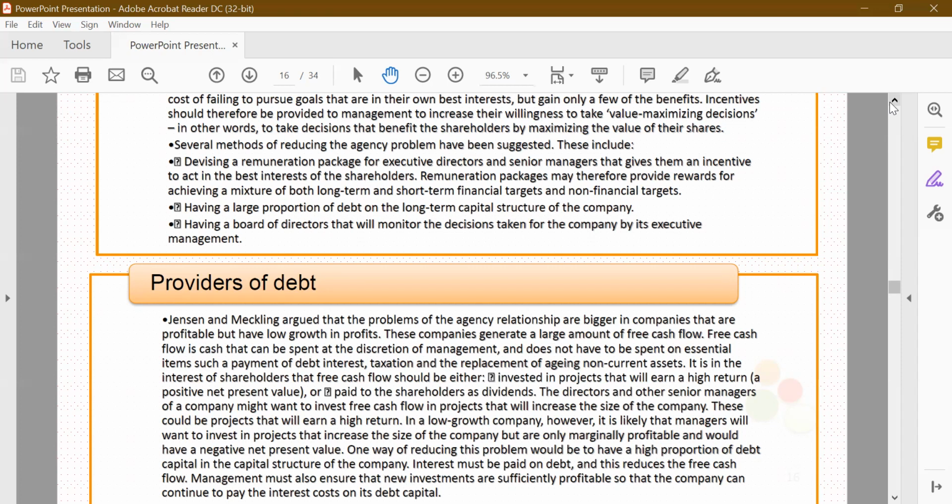But typically, free cash flow should be invested in projects that will earn a high return, in projects that have a positive NPV, or be paid to shareholders as dividends.